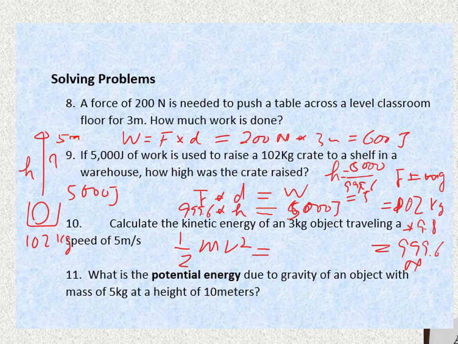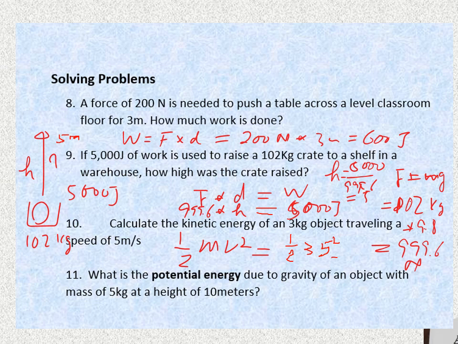So it's half, and mass is 3. And then 5 is the speed, how fast it is moving, and squared.